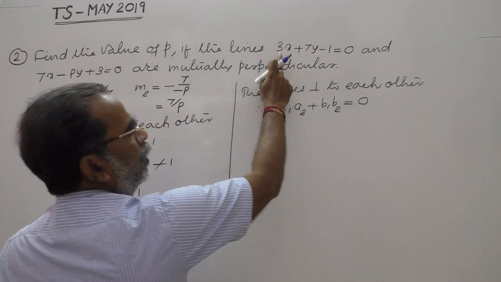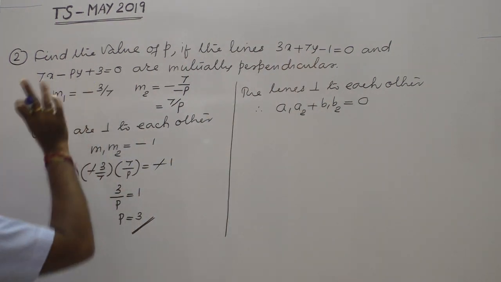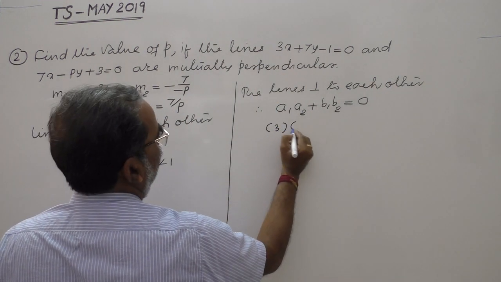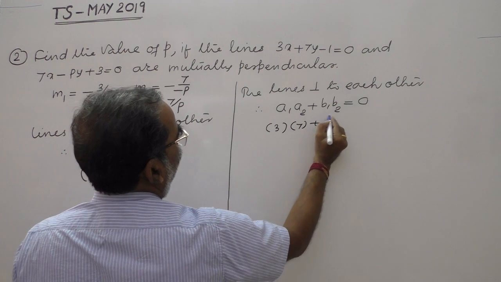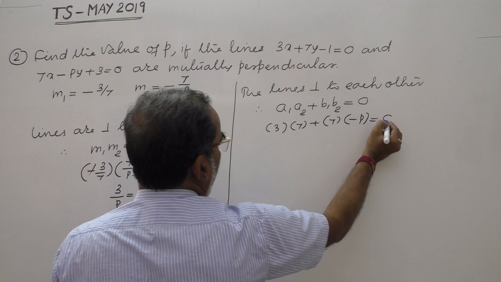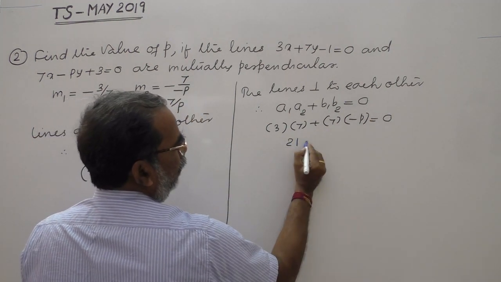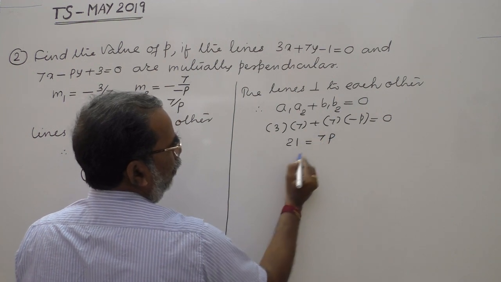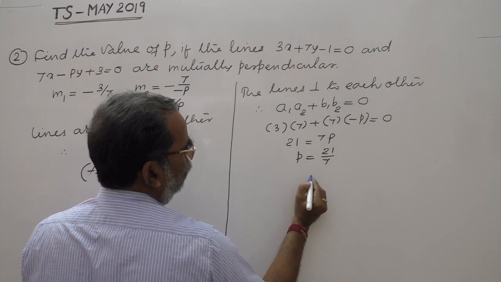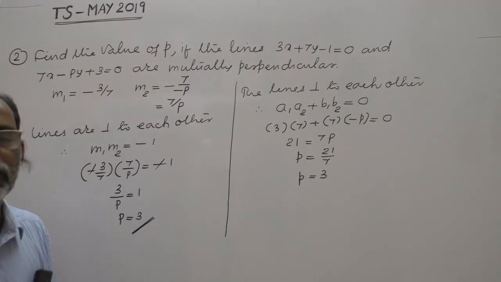So, the first line is a1x plus b1y plus c1, the second is a2x plus b2y plus c2. a1 a2, that means 3 into 7, plus b1 b2, b1 is 7 and b2 is minus p, equal to 0. So what is this? 21 minus 7p equals 0. I will write p on the other side. This implies p is equal to 21 by 7. Therefore p is equal to 3. So this is the p value.